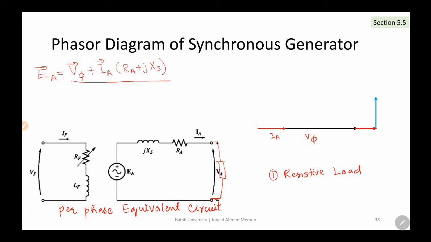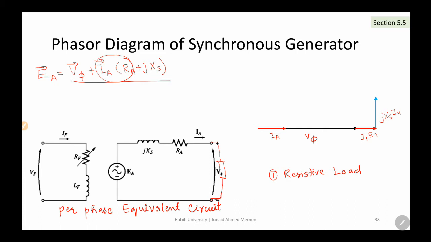The IA RA component will be in phase with V phase because RA doesn't have any angle associated with it, and the jXS component will be perpendicular. So this is the IA RA component, and this is jXS times the IA component, which is perpendicular to our V phase.